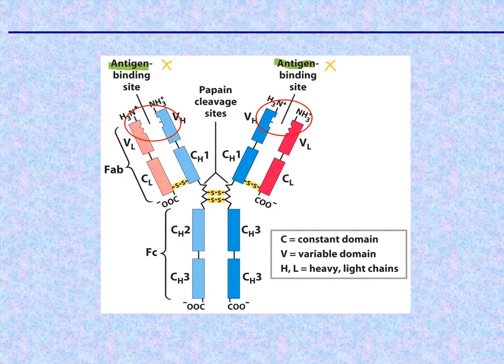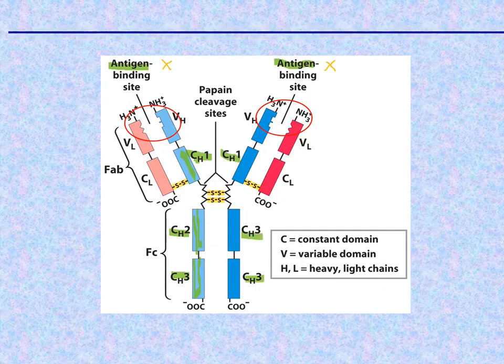And those constant areas are what I call domains or regions. Constant heavy 1, that's this part here. Constant heavy 2, that's this part here. And constant heavy 3, this portion of the polypeptide or protein strand. Similarly, the other one, remember they're identical to each other, has a constant heavy 1, constant heavy 2, and constant heavy 3 domain.